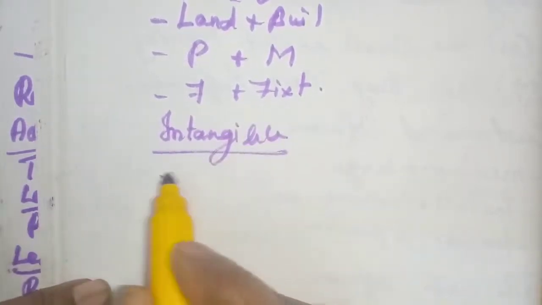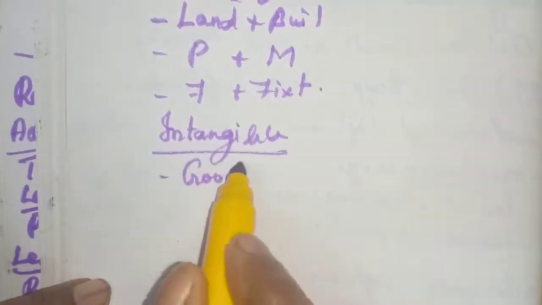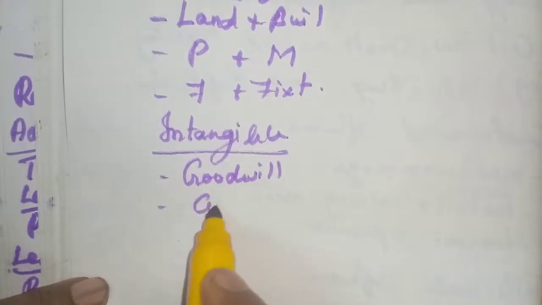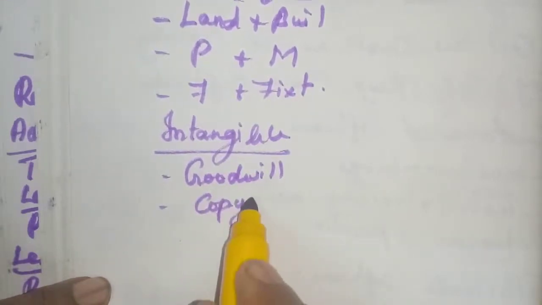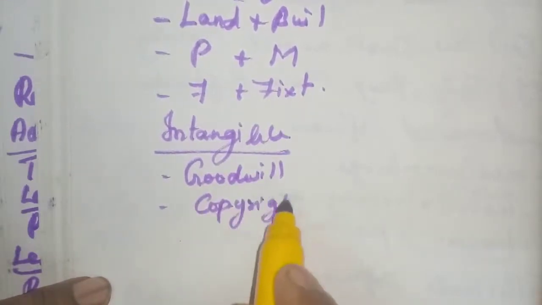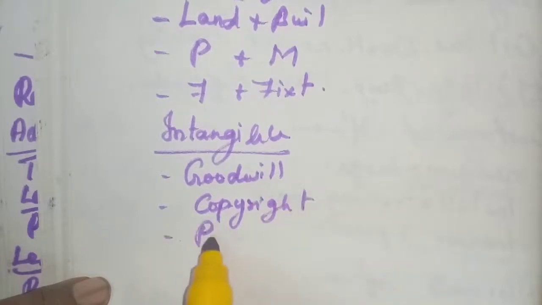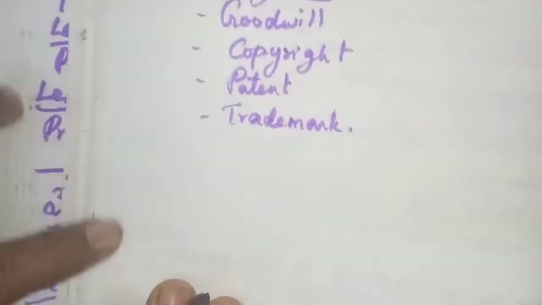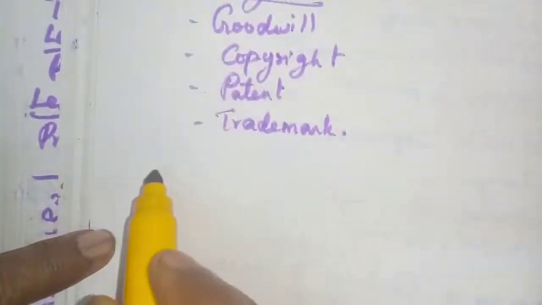What are the intangible assets? We know goodwill, it cannot be seen, isn't it? Then copyright, patent, trademark. All these are the intangible fixed assets.